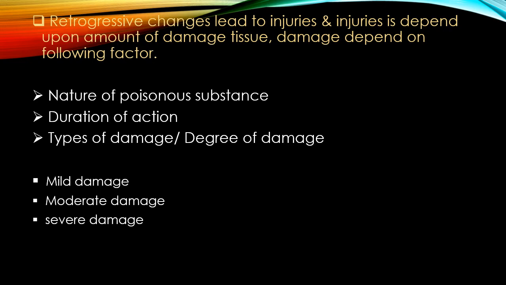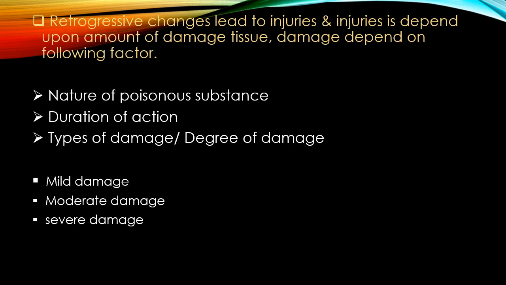There are three types of damage: mild damage, moderate damage and severe damage. In mild damage, visible structural changes are not seen in the cell; only the metabolism of the cell is affected and only alteration in the function of cells is seen. As the damage is least, it is reversible.